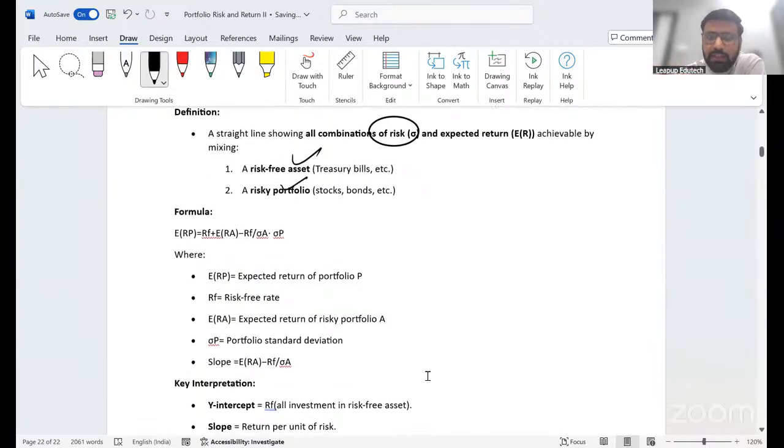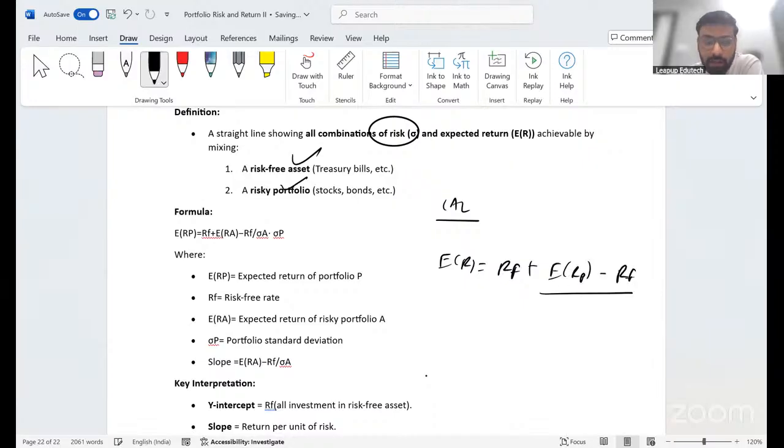The equation of this line is pretty simple. CAL, which plots, and again repeating, the different combinations of a risky asset portfolio and a risk-free asset, is given by simply the risk-free rate plus the expected return on the risky portfolio minus the risk-free return, divided by the standard deviation of the risky portfolio, times what? The standard deviation of the portfolio.